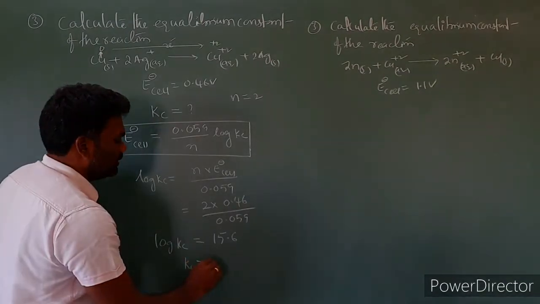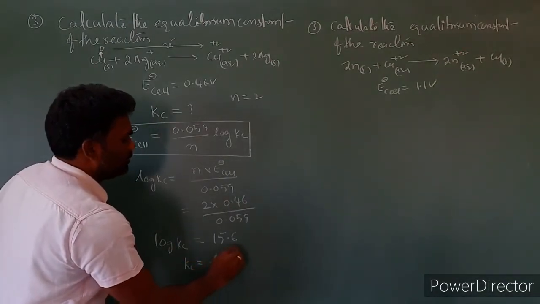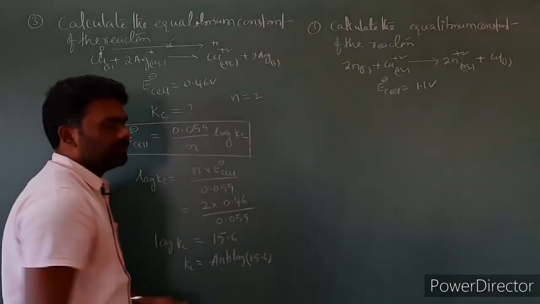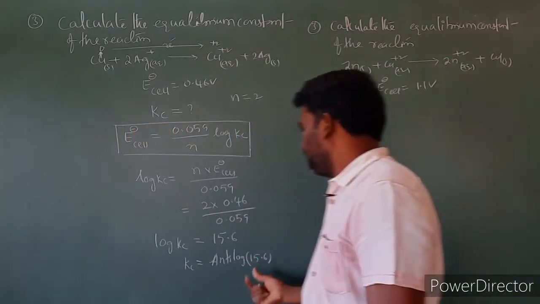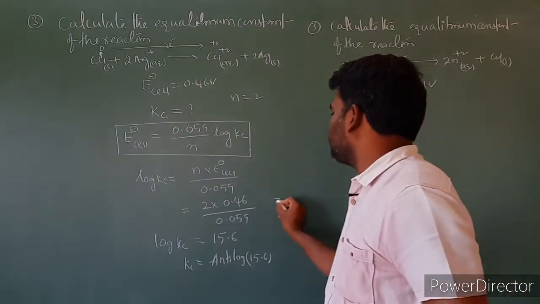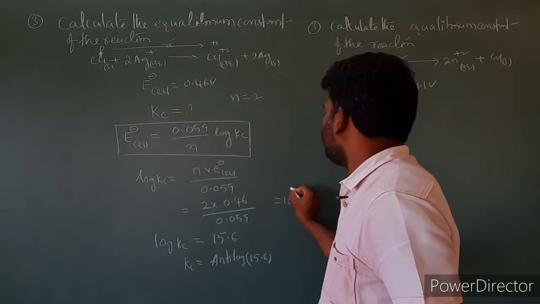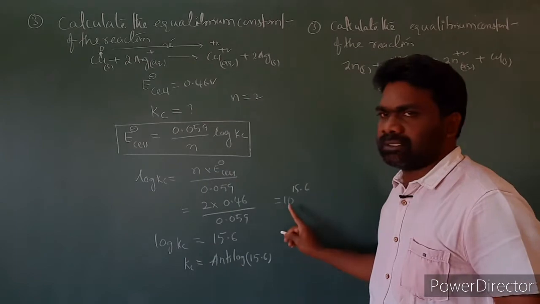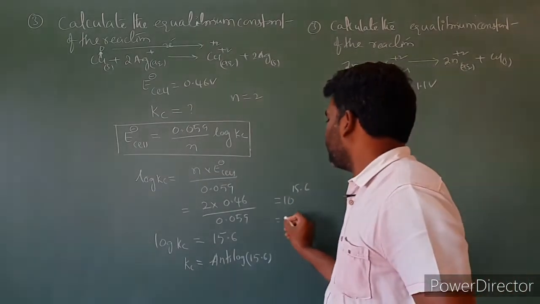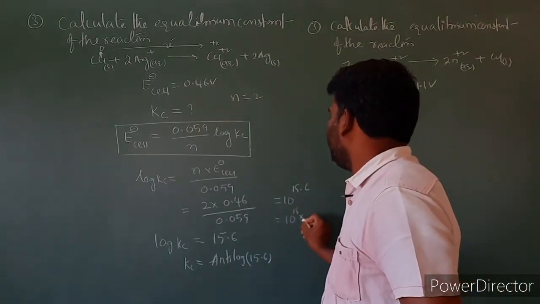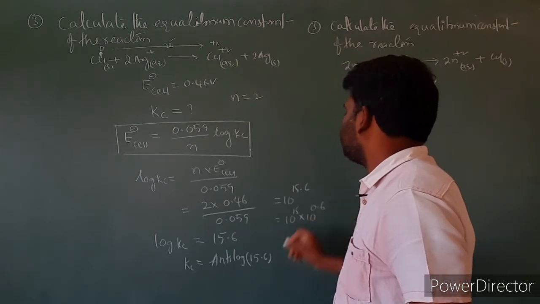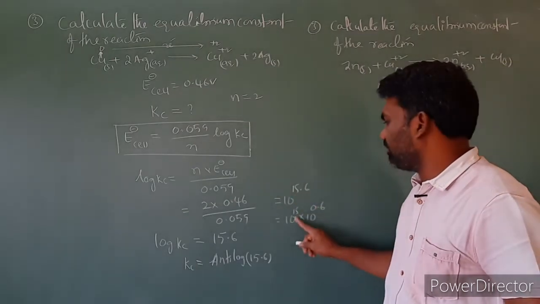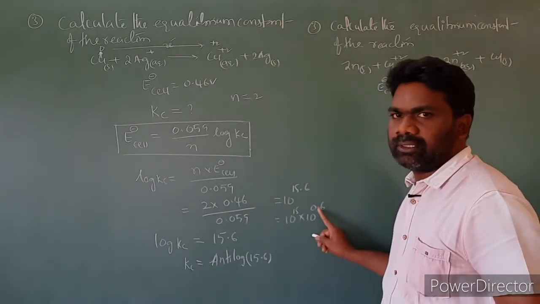So Kc is equal to the antilog of 15.6. The antilog of 15.6 I write as 10 power 15.6, which is 10 power 15 into 10 power 0.6.